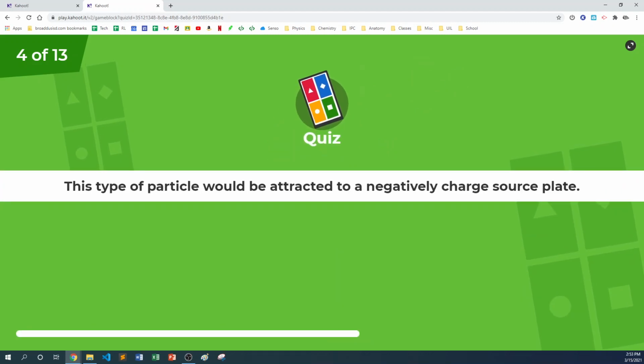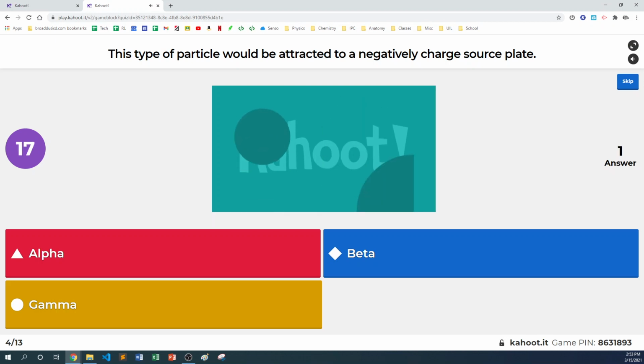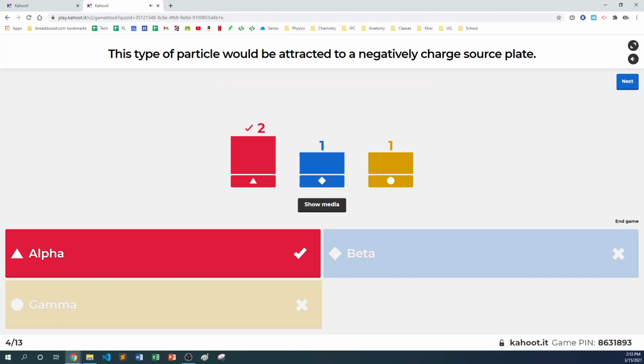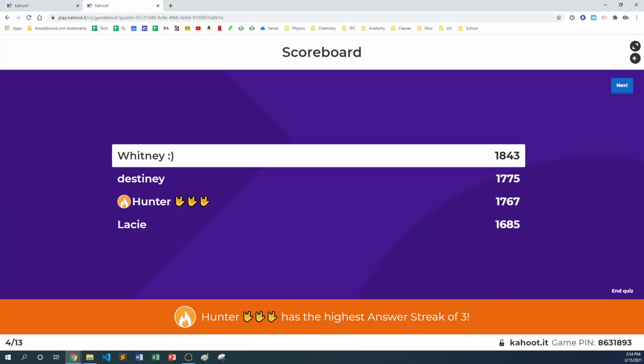This type of particle would be attracted to a negatively charged source plate. Okay, I need to stop thinking beta. Positive charges are attracted to negative charges. Alpha particle is positive, beta is negative. Beta would be repelled.